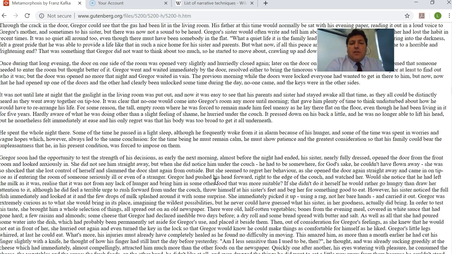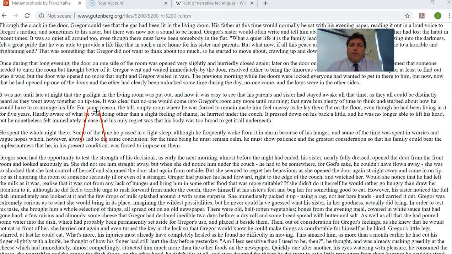For some reason, the tall, empty room he was forced to remain made him feel uneasy as he lay there flat on the floor. Now, that again is interesting because of this phrase, for some reason. So the narrator is as unsure as Gregor, but the reader probably already knows why.